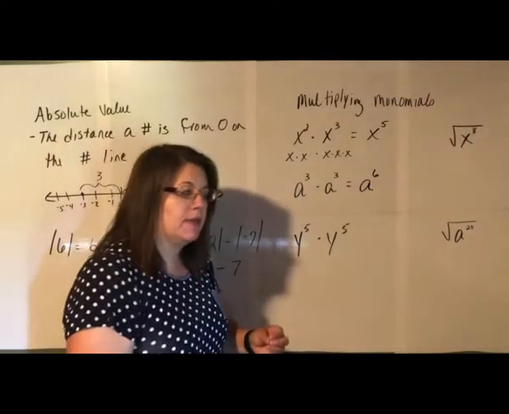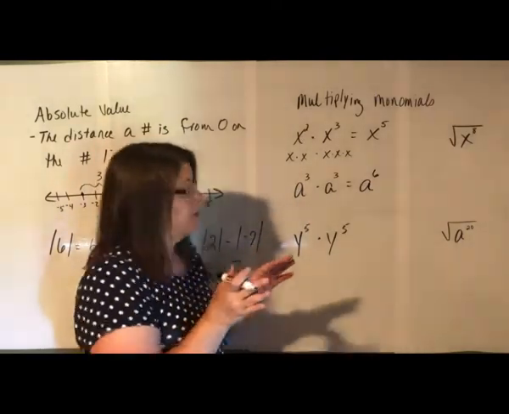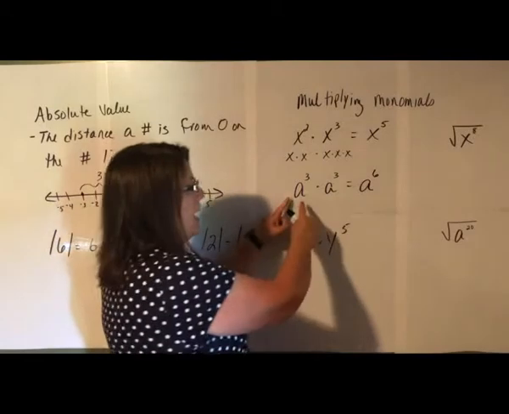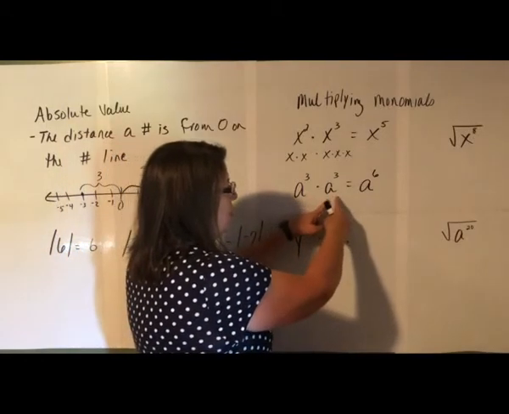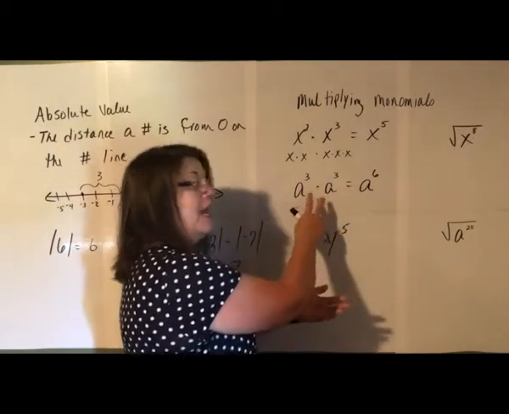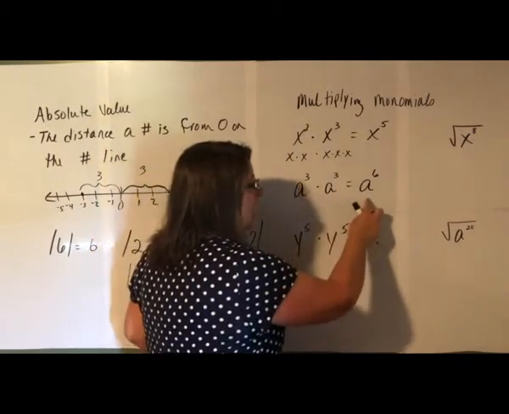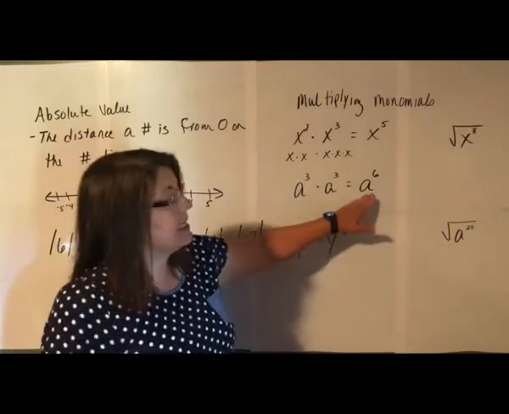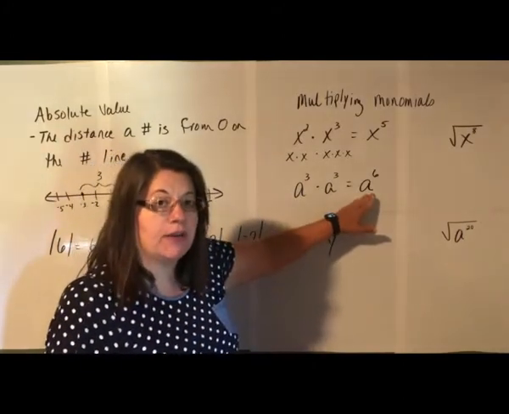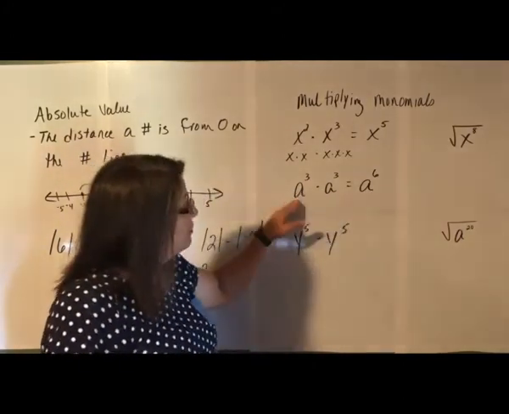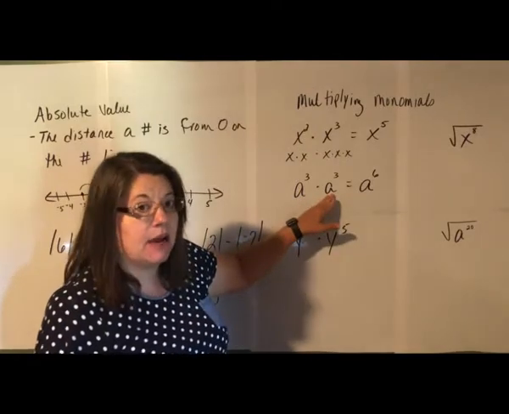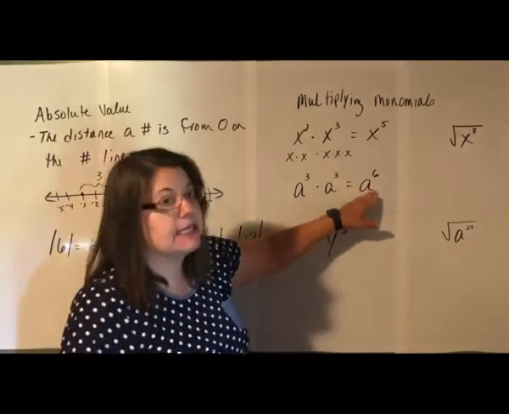Now, if you think about this, talking about square numbers, a cubed times a cubed, hopefully you recognize those are the same. So if I multiply those together and get a to the 6th, a to the 6th is actually a perfect square because I multiplied a cubed times itself to get a to the 6th.